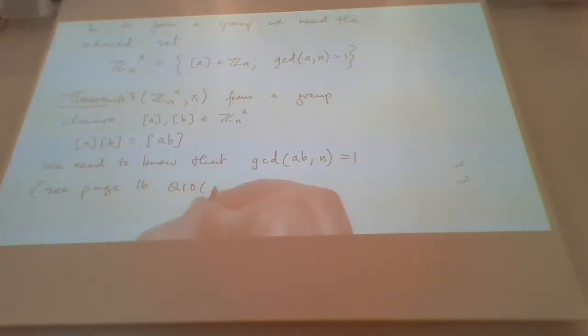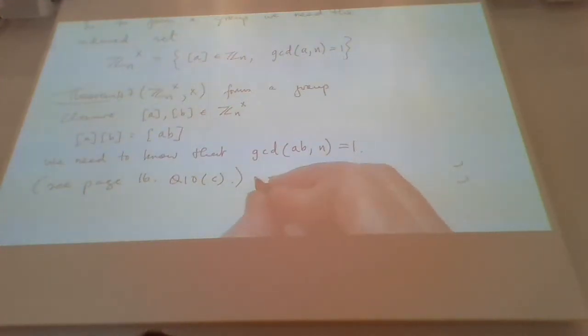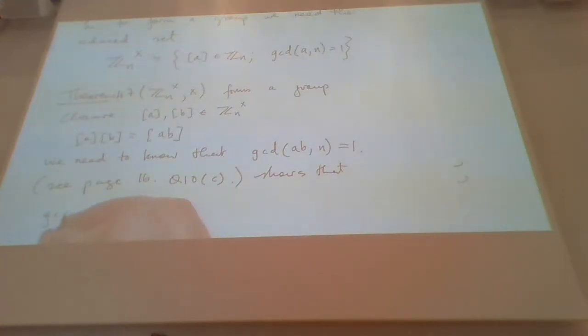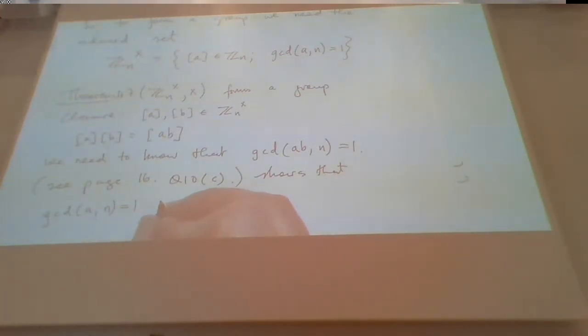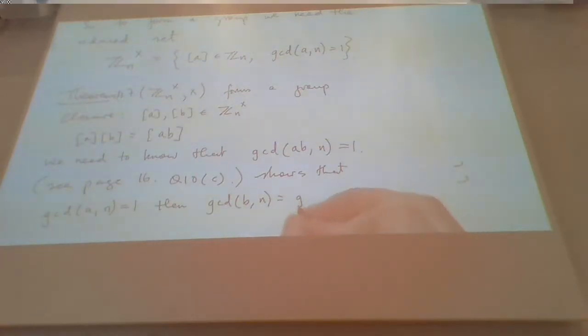Question 10, part C, proves this. This shows that if the GCD of A and n is 1, then the GCD of B with n is equal to the GCD of AB with n.